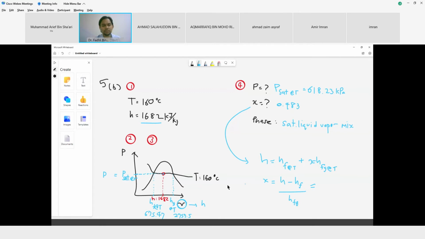Semua sekali daripada chapter 2 sehinggalah chapter yang ke-6. Kalau kamu belajar nantilah sampai penghujung semester, kaedah untuk menyelesaikan masalah dalam thermodynamics ni, beginilah cara. Buat step 1, step 2, step 3 sampai step 4. Okay, step 4 ni kita apply je lah apa saja equation yang kita dah belajar.